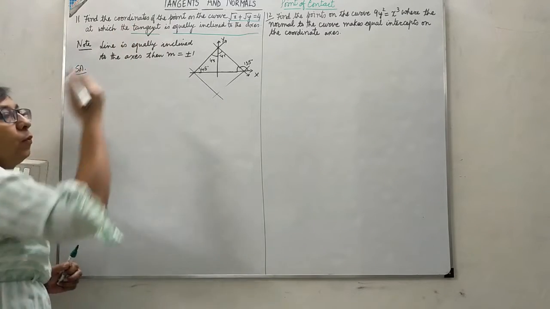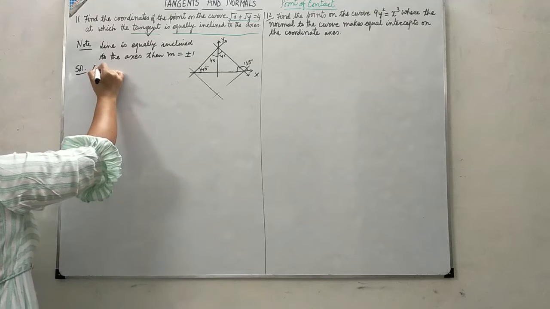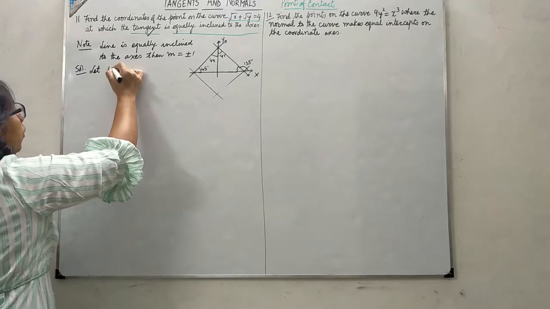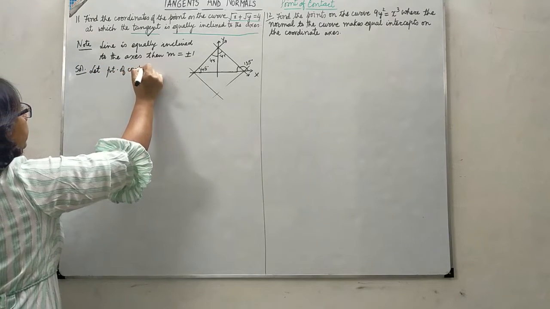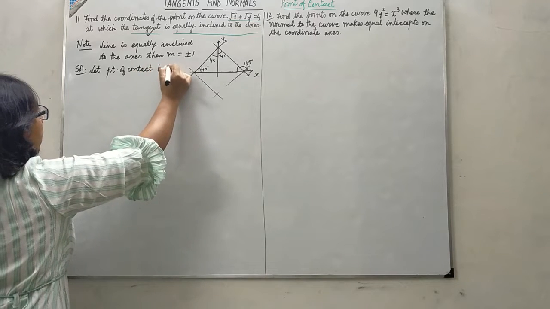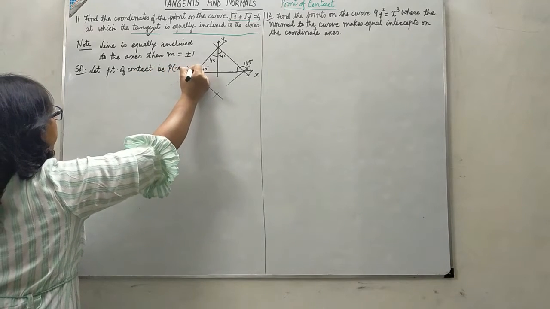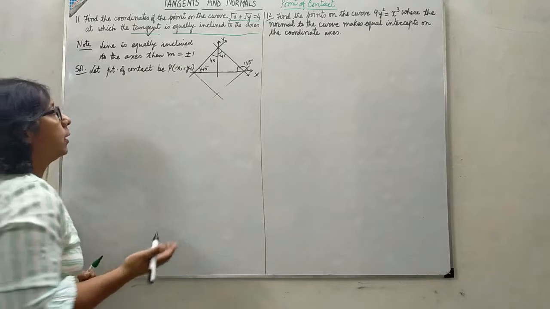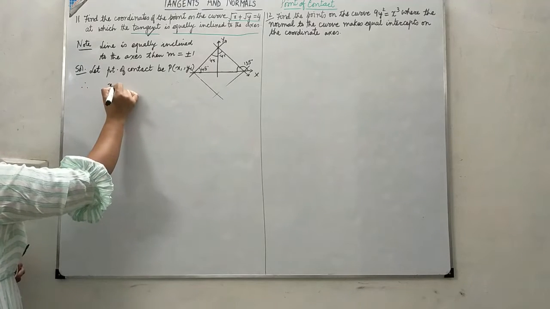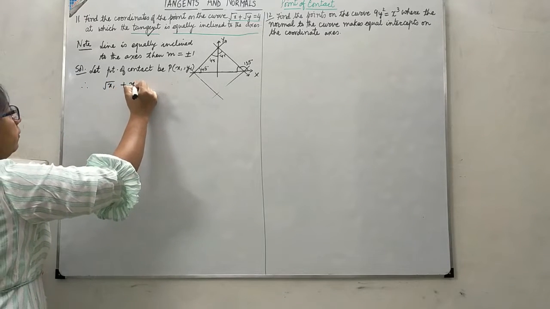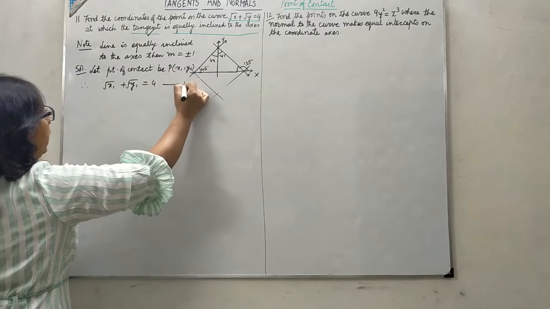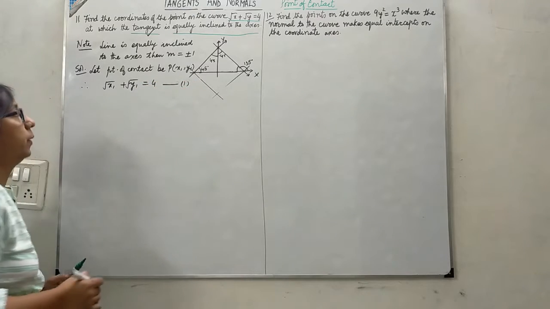Again you want to find the point of contact, so let the point of contact be P(x1, y1). This point lies on the curve, therefore root x1 plus root y1 equals 4. Let me write this equation as 1.